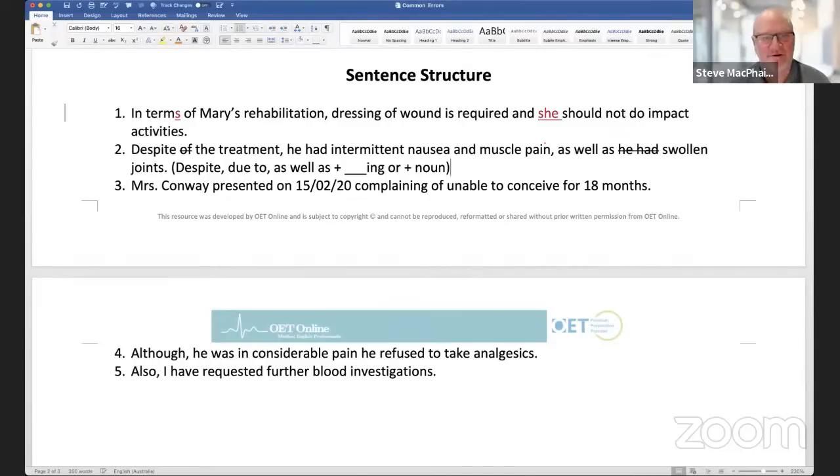That's the rule. But what people tend to do is they want to put a clause, a full clause with a subject, verb, object. No, we don't do that. We just put a noun. And that's why these words are very useful in OET writing, because it means we can write with a little bit more clarity and conciseness, but we need to know the rules associated with these words.